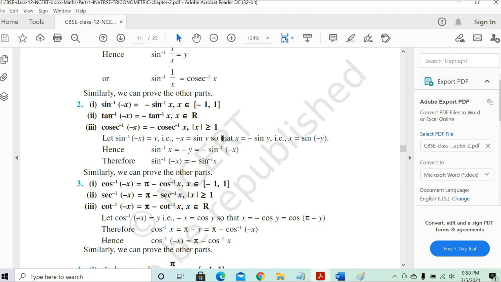Yes, I got it. Just send me the working. Let me have a look at it.